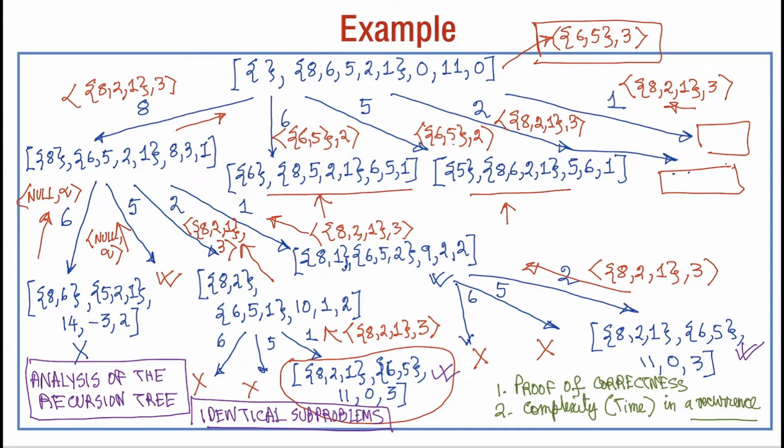This combination of 6, 5 and 2 will not only come from the 6th branch, it will also come from the 5th branch, and below you will have multiple identical subproblems. So once we analyze this, we see that though this recursion is correct, its time complexity will be huge if we do not address the issue of identical subproblems.